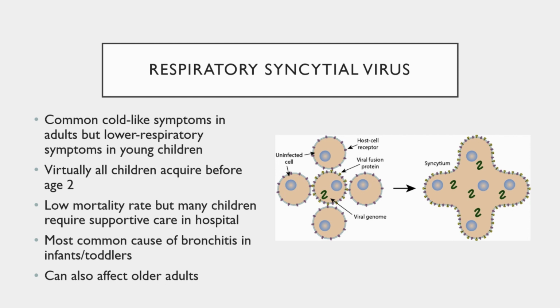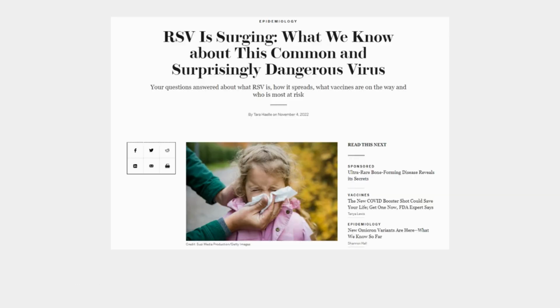Each year, the US sees somewhere between 60,000 and 80,000 children under 5 being hospitalized with RSV. And it's the most common cause of bronchitis in infants and toddlers. It is also pretty dangerous for seniors because at least as many older adults are hospitalized as children under 5 each year with RSV infections.